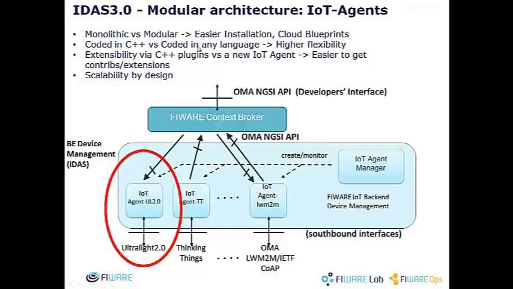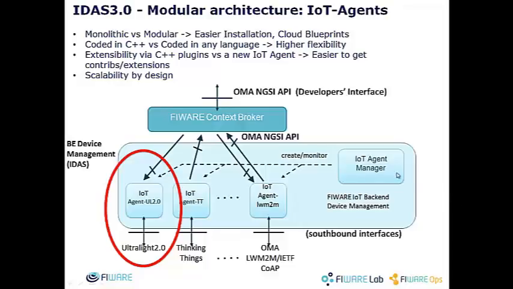You can code any plugin, so anything that you want to connect to the IoT agent in any language, as it's an API, so you get higher flexibility. You also can extend it through IoT agents, so new IoT agents can be connected to the system, and you get scalability by design. So these are the basic advantages that you get with the IoT agents enabler.